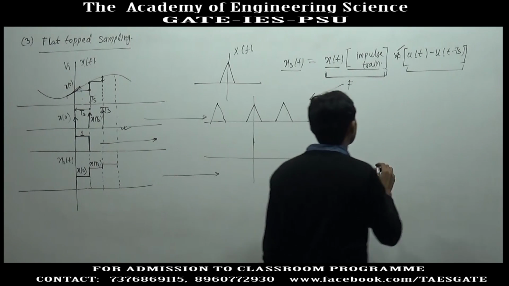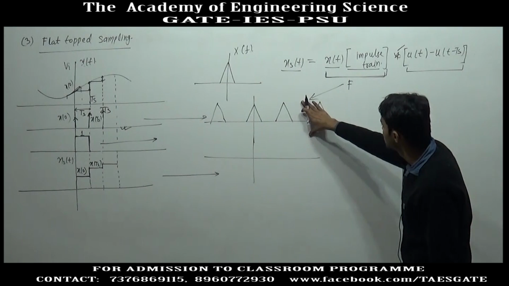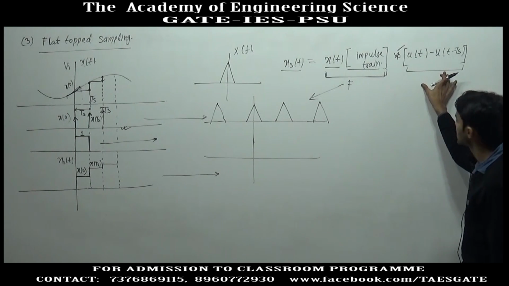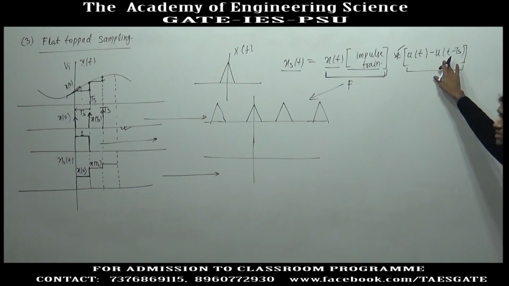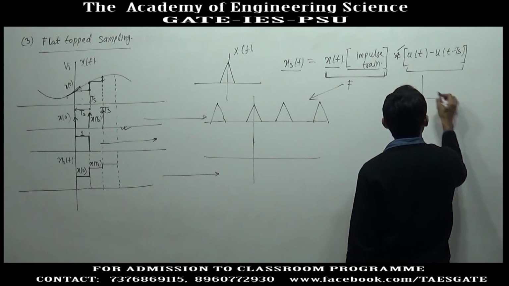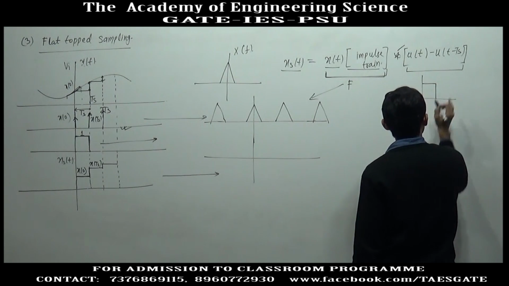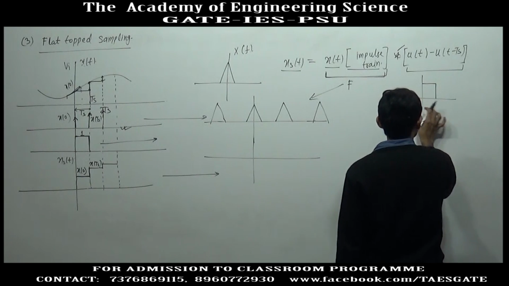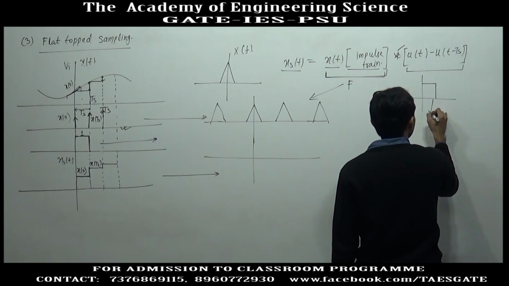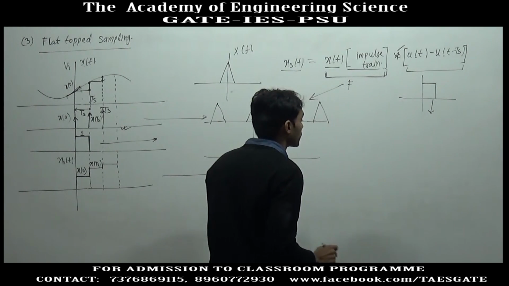Now, we have to multiply this Fourier transform with the Fourier transform of u(t) minus u(t minus Ts). So, we have to obtain the Fourier transform of this signal.